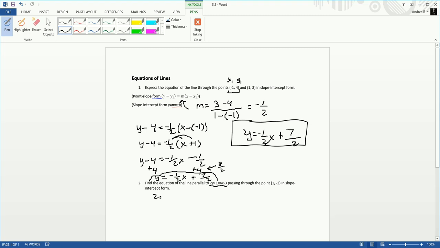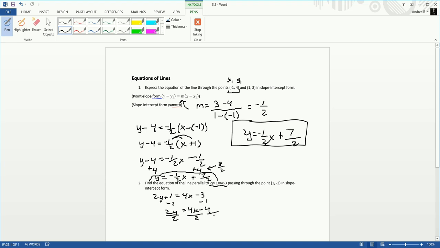So we have our 2y plus 1 equals 4x minus 3 that we started out with. Then subtract 1 from both sides. So we have 2y is equal to 4x minus 4. Then divide both sides by 2 to get y by itself.